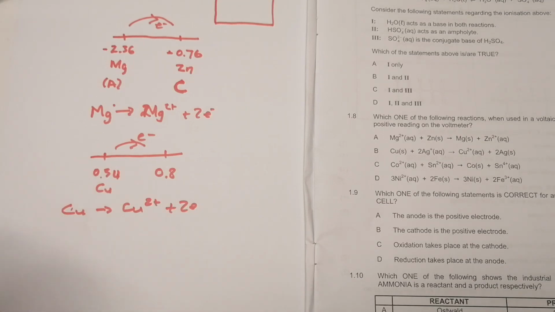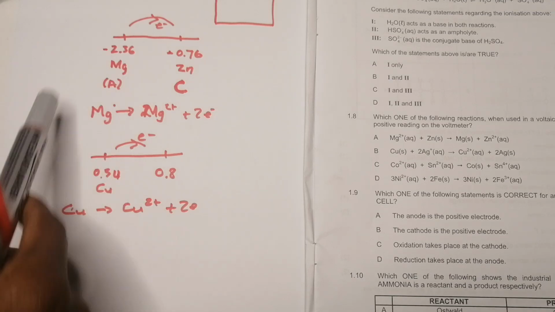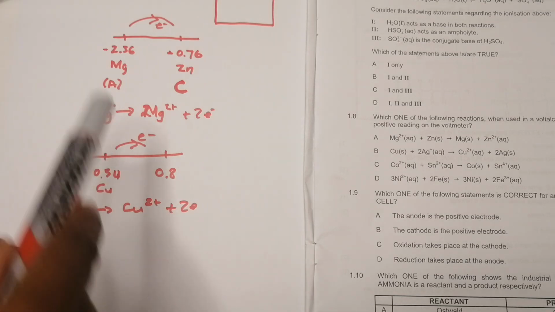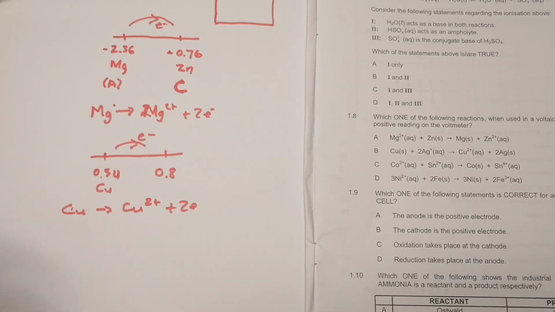Between the bakery and the home, where are you likely to find more bread? In the bakery, isn't it? So in this case, because electrons are made at the anode for the galvanic cell, you find more electrons on the anode, because it's the one giving away electrons.